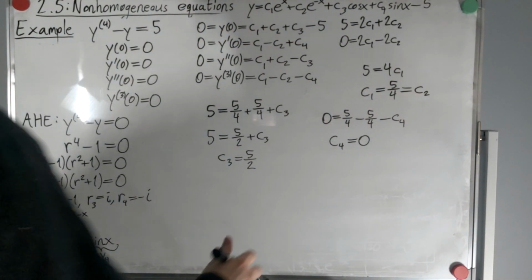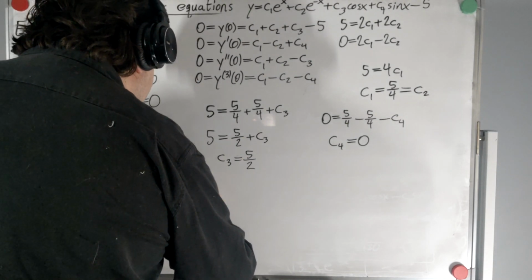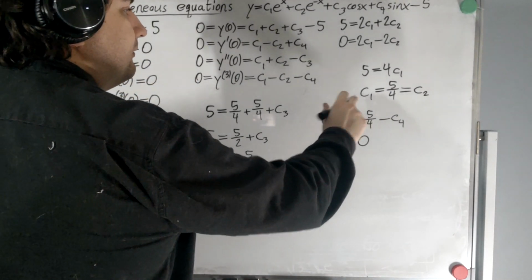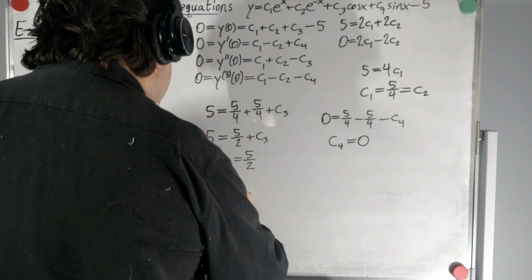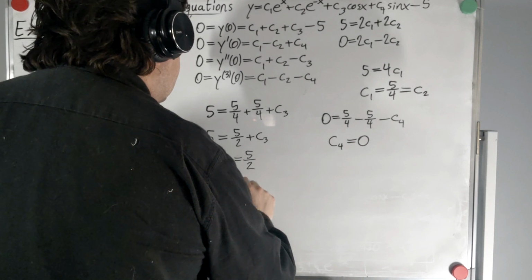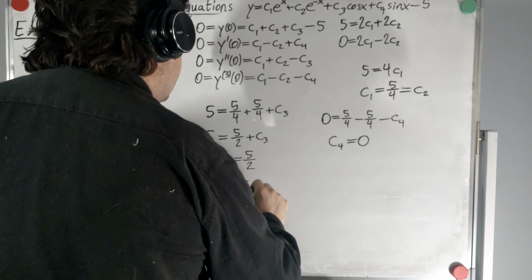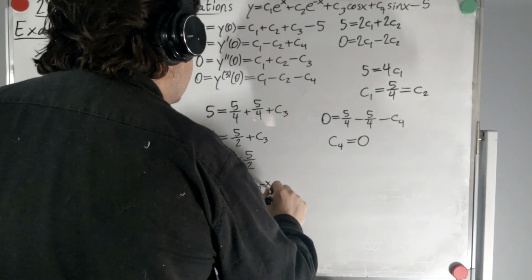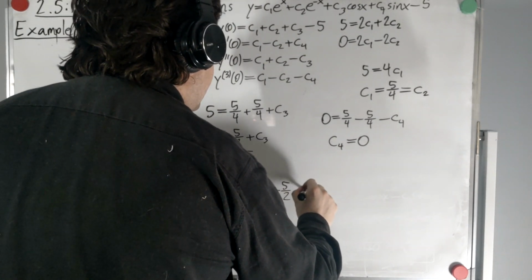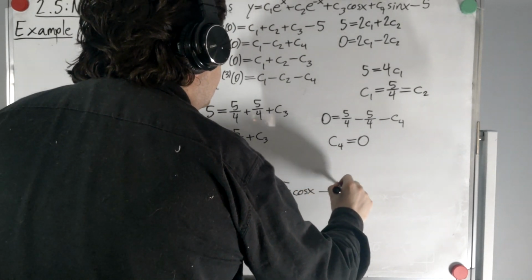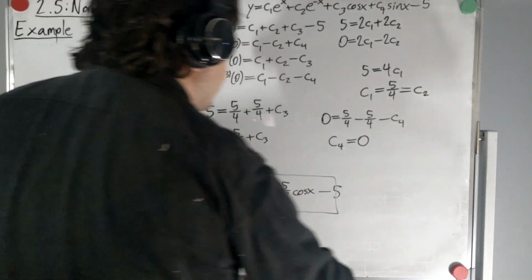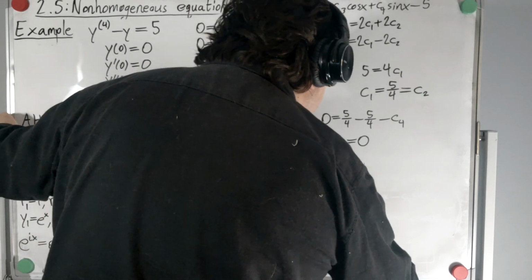And so what we get out of this is the slightly chaotic solution: 5 fourths e to the x plus 5 fourths e to the negative x plus 5 halves cosine of x minus 5.